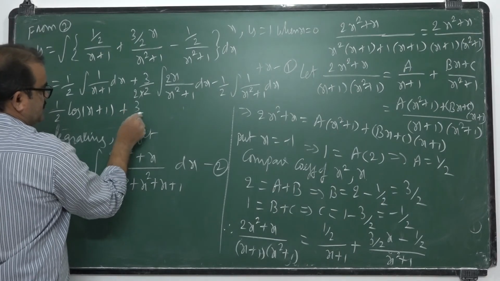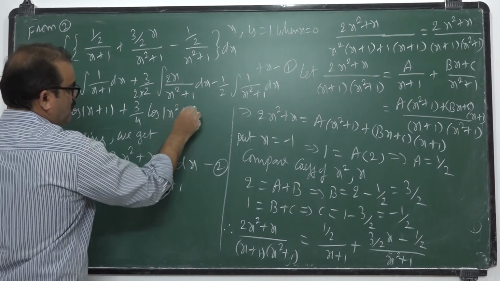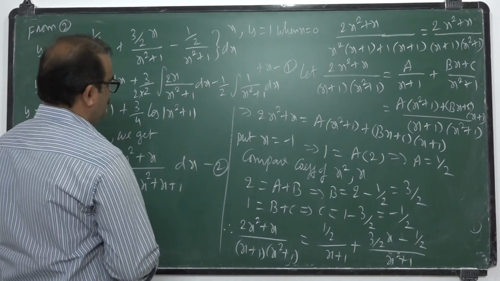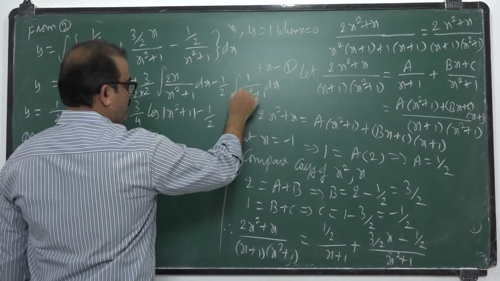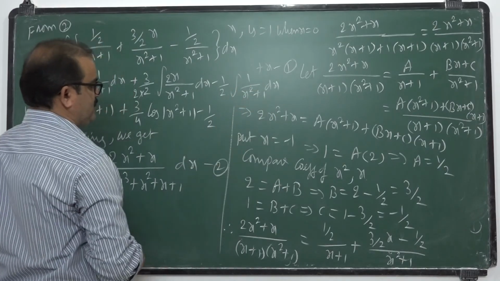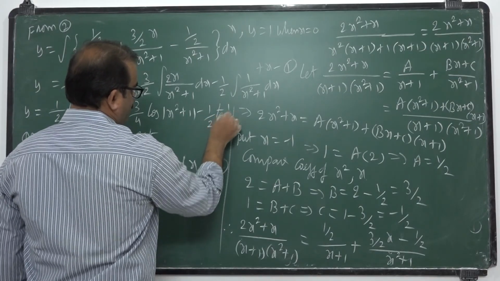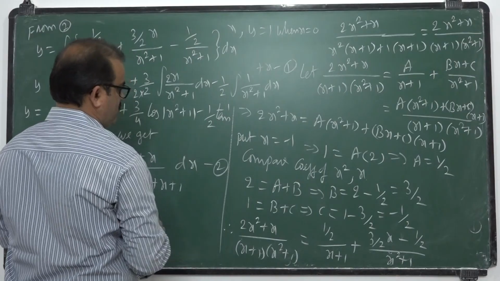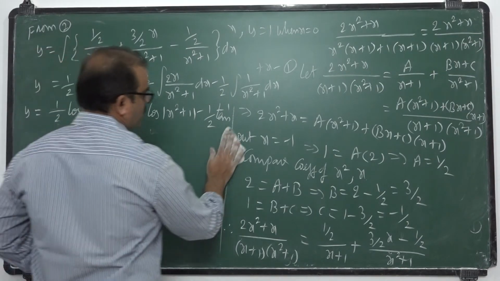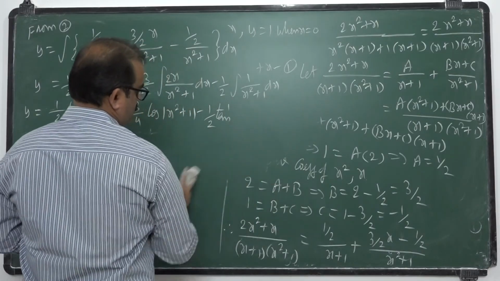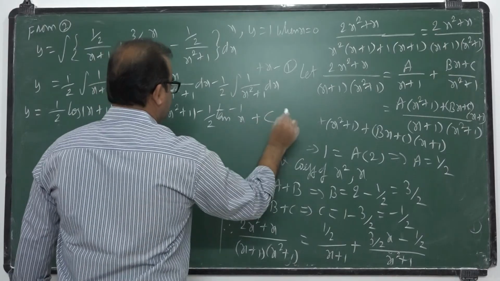So plus 3 by 4 into log mod (x square plus 1) minus 1 by 2 into, it is in the form of integral 1 by (1 plus x square), that is tan inverse x. Tan inverse x plus c.